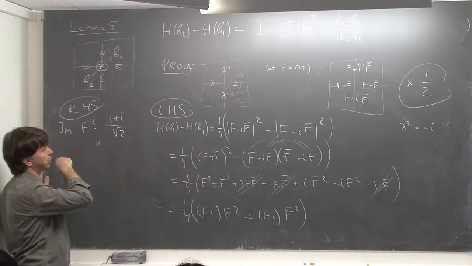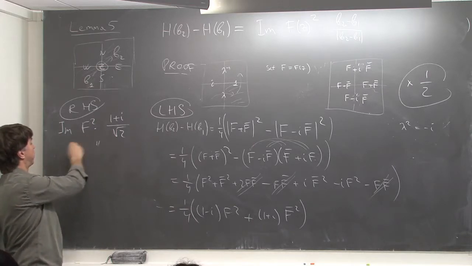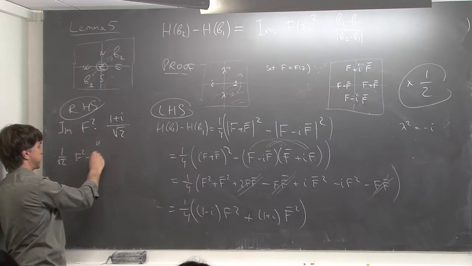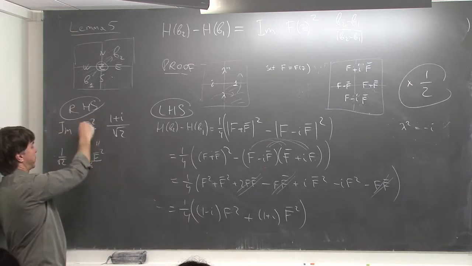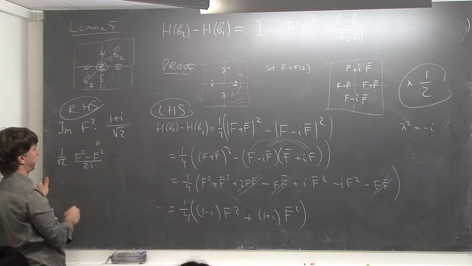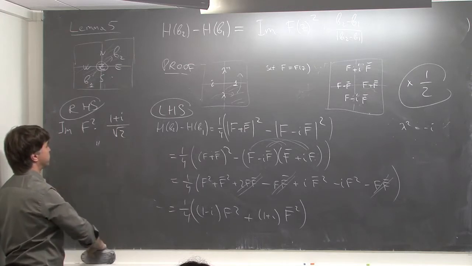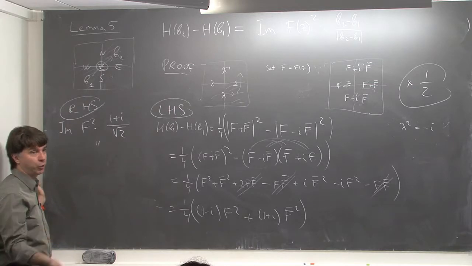Okay, so what do I want to do? The imaginary part of a number is the number minus its complex conjugate divided by 2I.